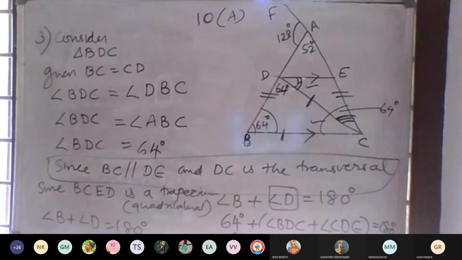This is a property of a quadrilateral. Then write 64 plus angle D, split angle D into angle BDC plus angle CDE.